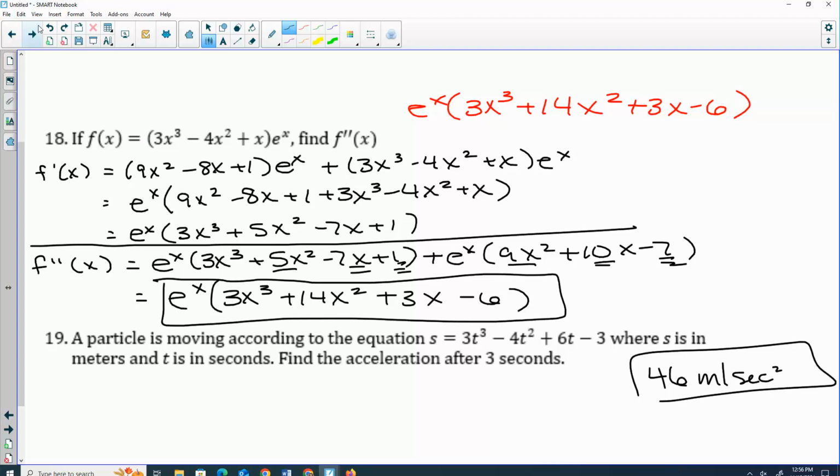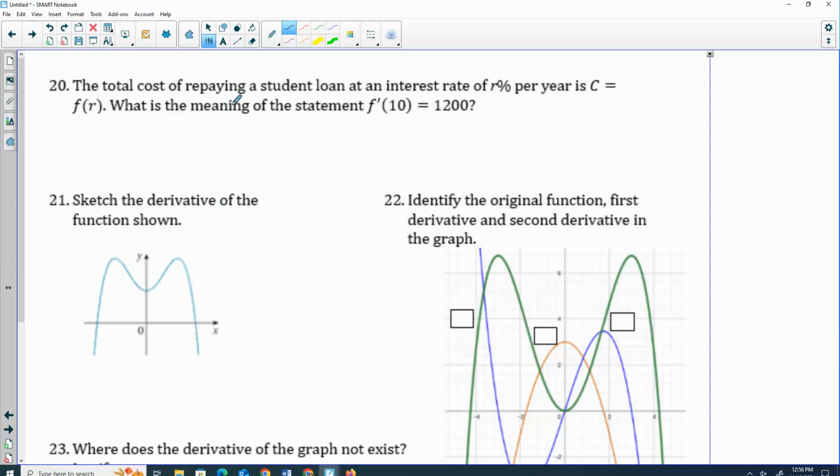Problem 20. So this is asking you to write a sentence. 10 is the R in this case, which is the percent. So we know it is 10%. 1,200, it's not the cost. It's the increase in cost. A derivative is telling us the rate of change.